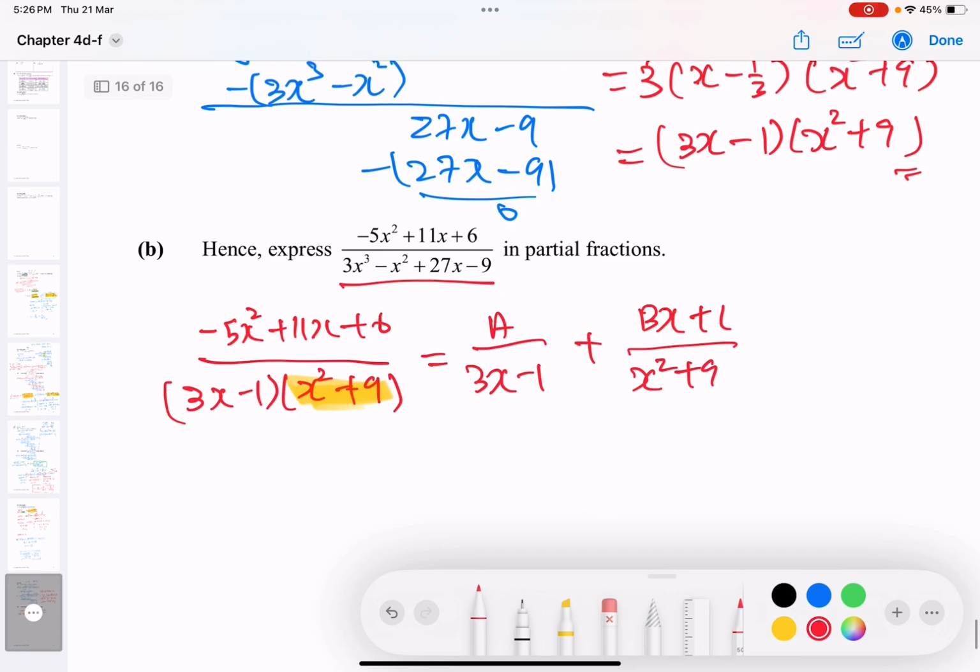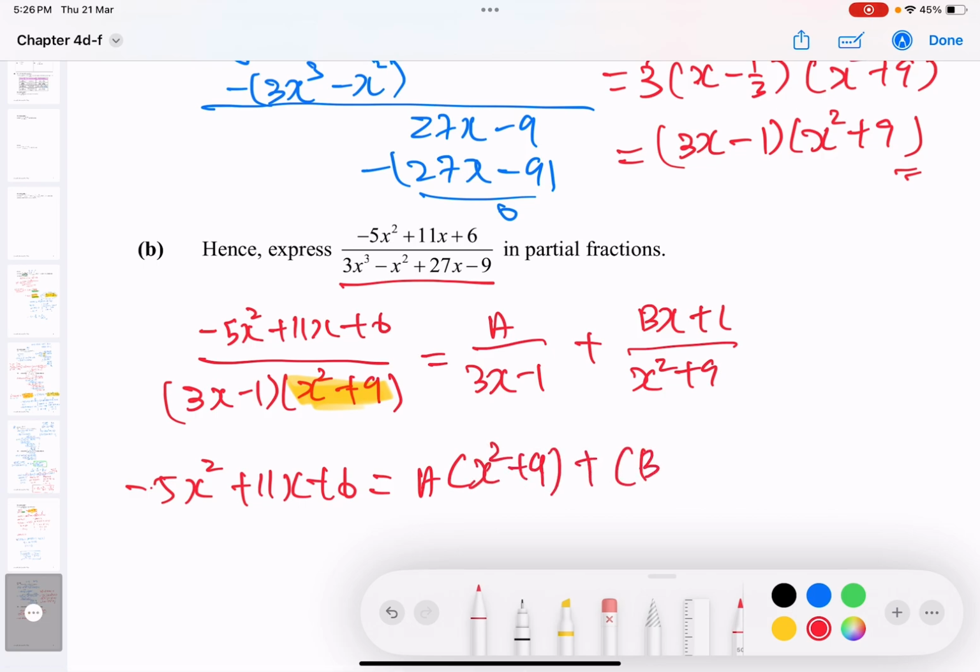Multiplying both sides by the denominator, we get negative 5x squared plus 11x plus 6 equals A times x squared plus 9, plus Bx plus C times 3x minus 1.